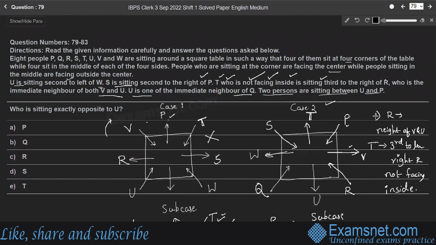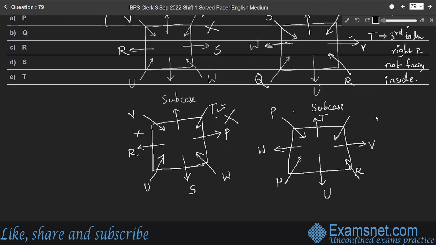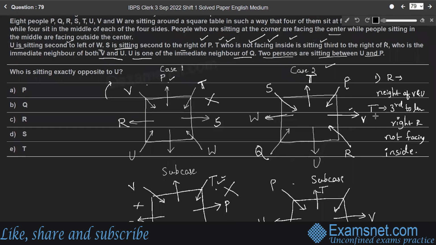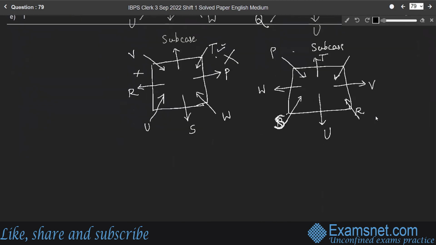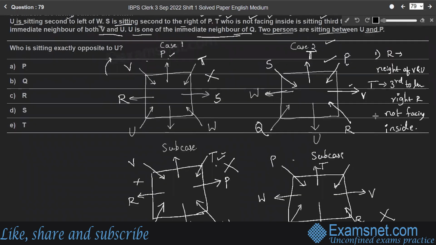S is sitting second to the right of P, so this is actually S's position. According to the last point, U is one of the immediate neighbors of Q. So in subcase 2, the neighbors of U are S and R, not Q. Therefore, subcase 2 is also eliminated. Therefore, case 2 is the right one.